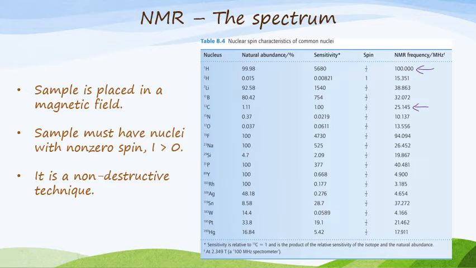But the most common ones are proton NMR and carbon-13, and you can also see the natural abundance of these elements.